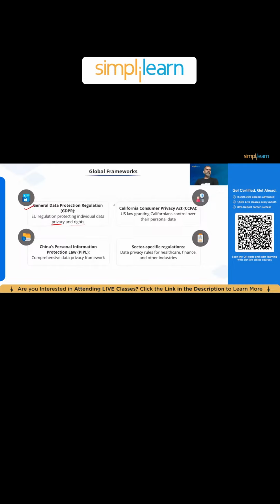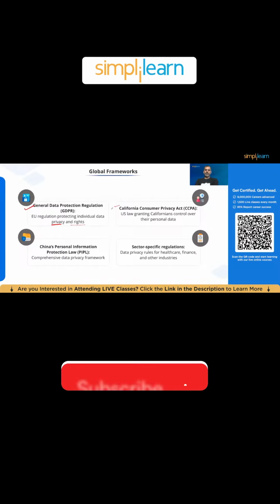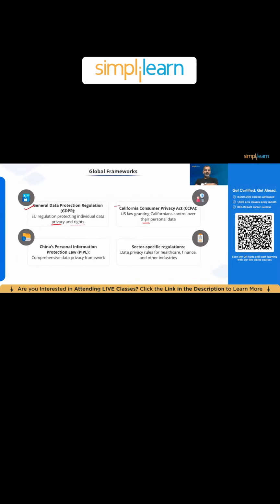The second is the CCPA, the California Consumer Privacy Act. Again, it is a US law granting Californians control over their personal data. When I say control over personal data, that means any individual is free to share his information, update it, or even delete it whenever it is required or whenever he is interested in doing that.